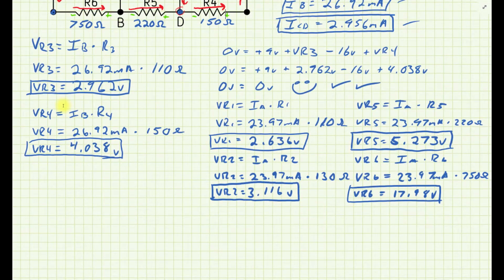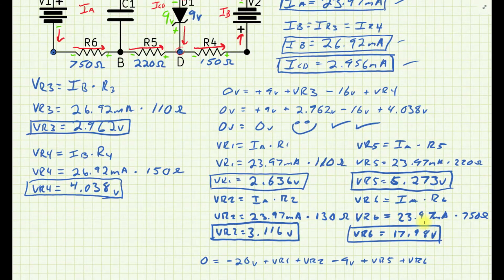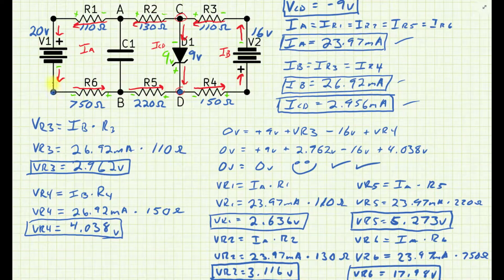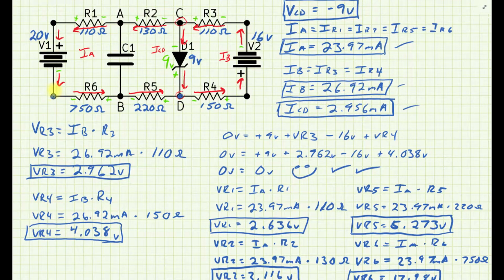Alright, I'm going to run out of room, so let's go 0 equals minus 20 volts plus VR1 plus VR2 minus that 9 volts from that diode plus VR5 plus VR6. So let's just see what I just wrote here. Basically, it's going to cut off the screen, but minus 20 plus VR1 plus VR2, and then minus that known 9 volts plus VR5 plus VR6, and I'm right back where I started.